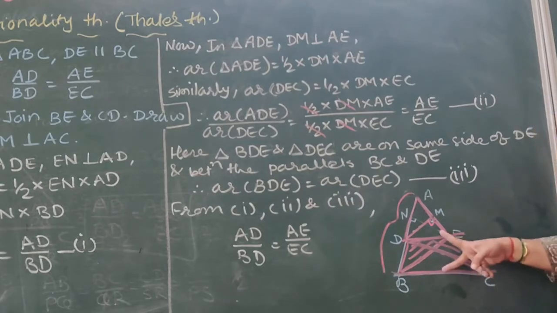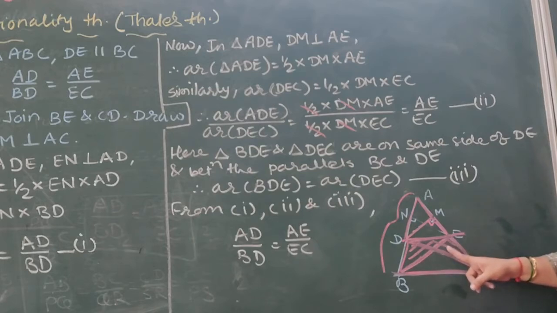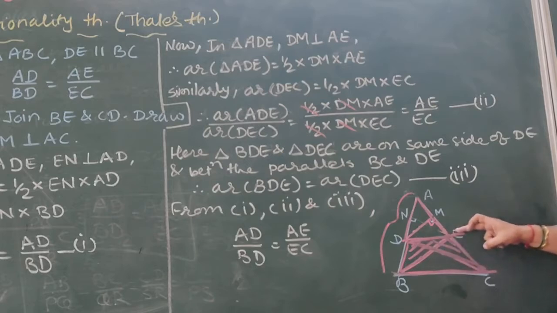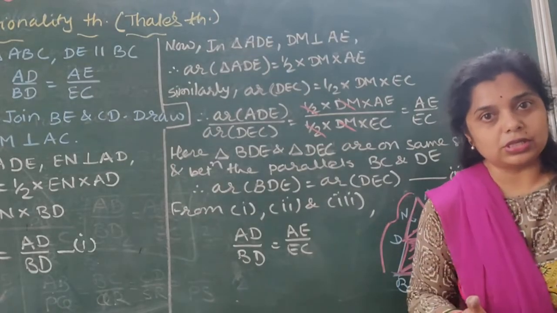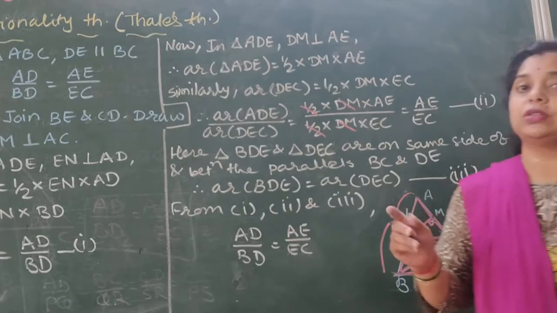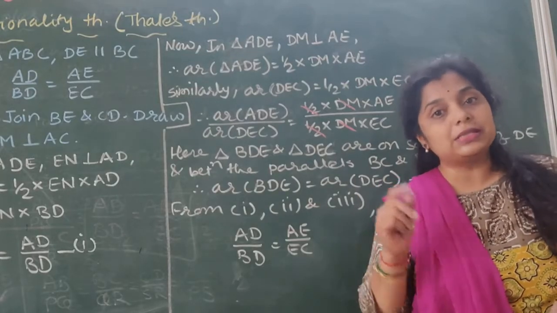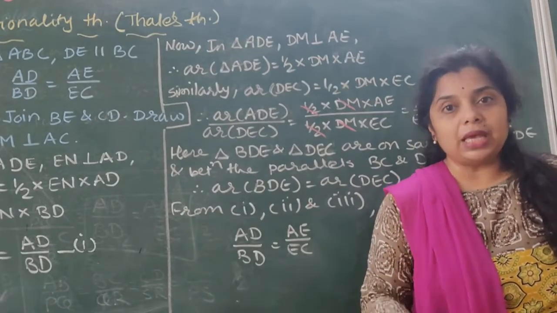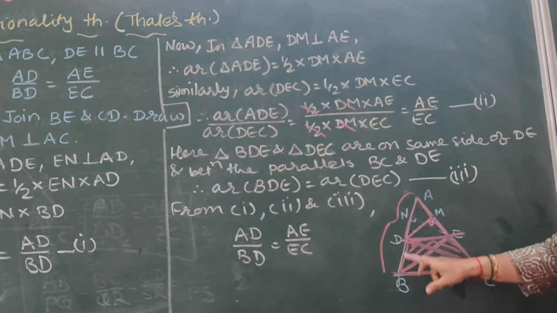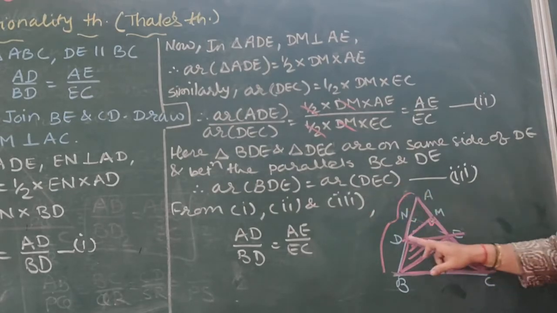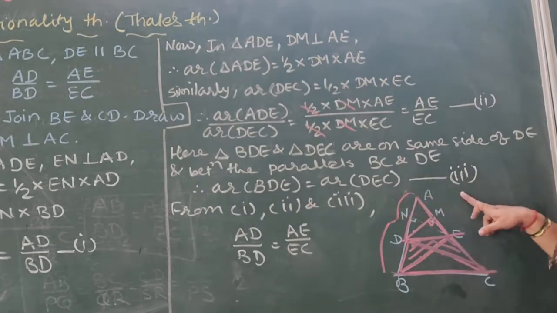It is already given that DE is parallel to BC, and these two triangles are lying between the two parallel lines and on the same side of DE. And because of this, the geometrical rule says if two triangles are on the same base and between the same parallel lines, then their areas must be equal. And therefore we can say that area BDE is equal to area DEC. This is the third result.